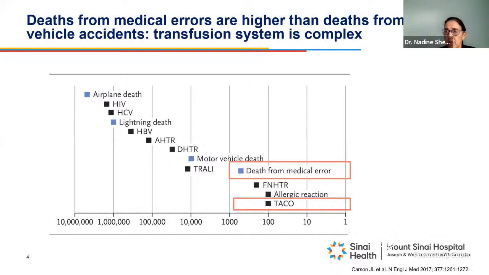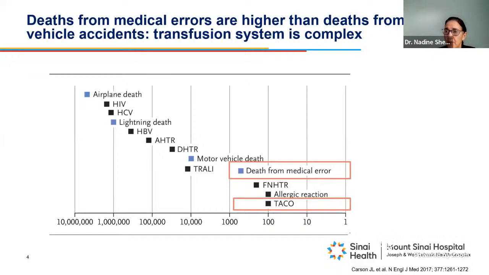What you're seeing on the graph on this page is, on the horizontal axis, the frequency, and then the types of deaths, some of them related to transfusion and some not. In most high-resource countries currently, the risk of death from transfusion-associated HIV or hepatitis C is really, really small at this point in time.